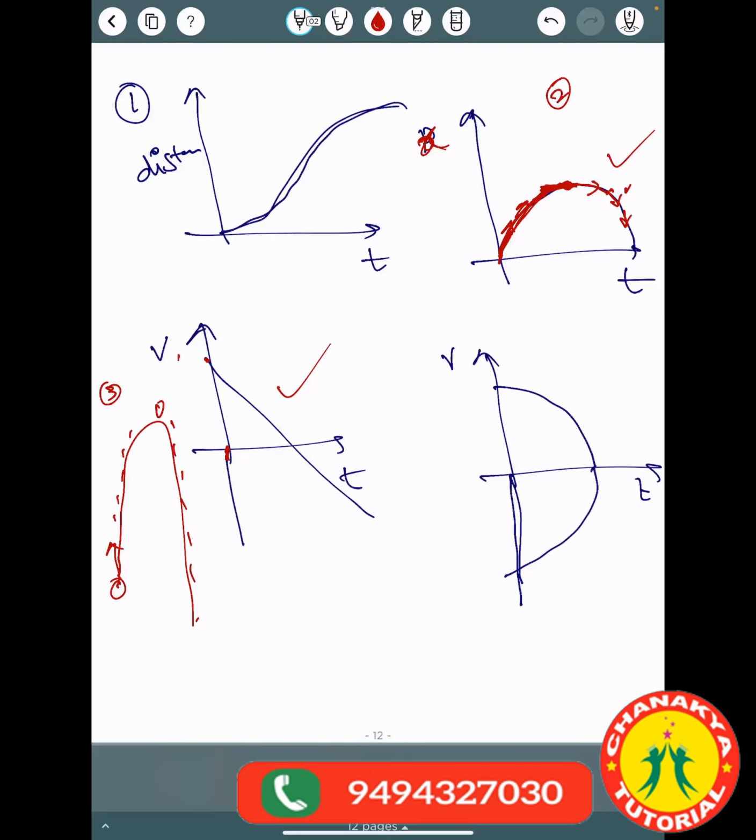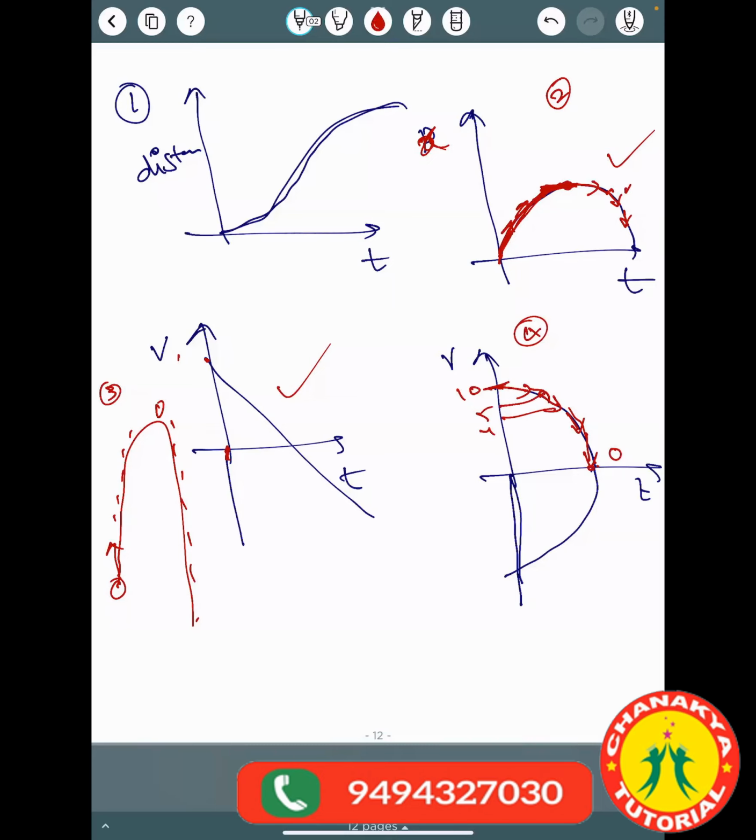In the third graph, if you see, what is happening for the fourth graph? Velocity was some value before, then it is decreasing. Decreasing or increasing? Increasing. The slope is increasing. This is v-t graph itself, right? So the velocity is decreasing. Initially it was 10, then it is 5, then 4, finally it became 0.